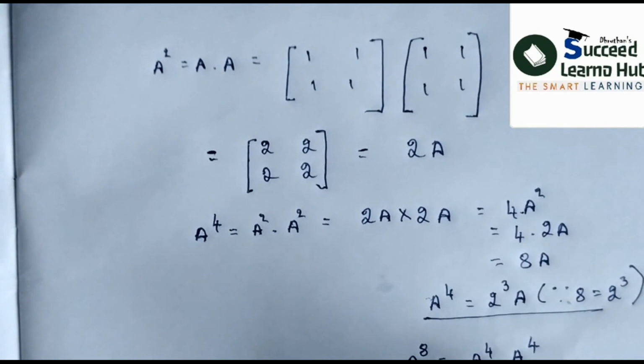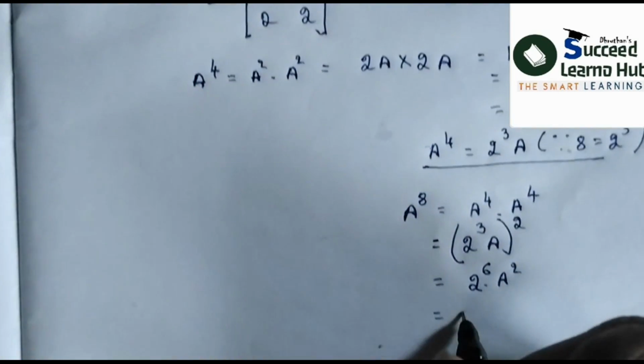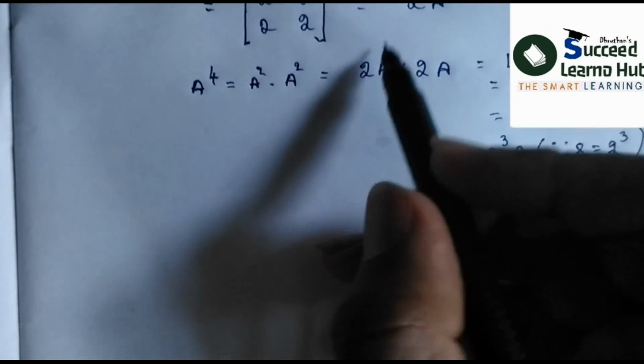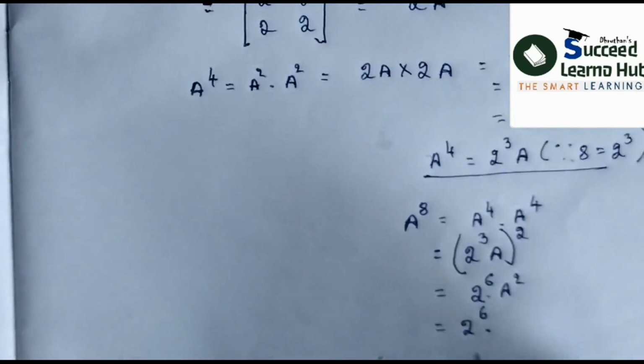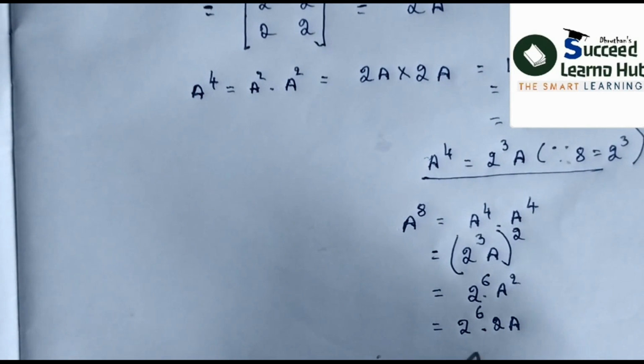That comes out to be 2 power 6 into A square, where A square is equal to 2A, because we have proved it in the initial steps, so it is 2 power 6 into 2A, which comes out to be 2 power 7 A.